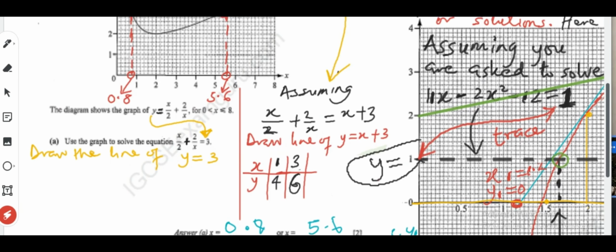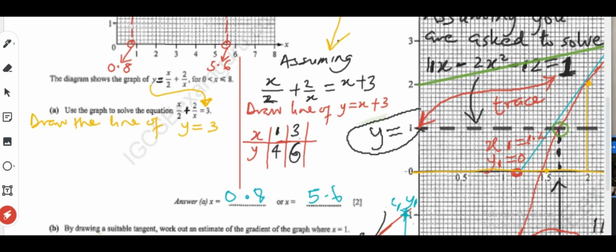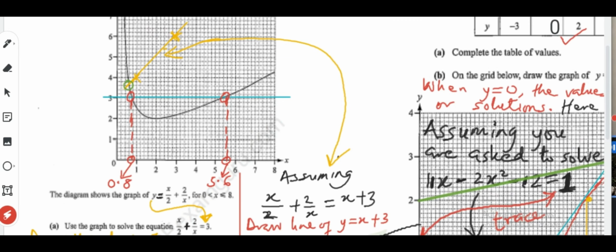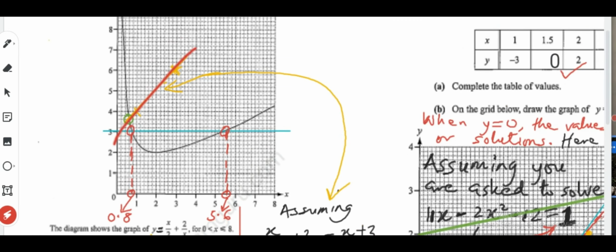All right. Let me just complete this one. When we plotted this graph, the yellow graph, it cut at this point. And if you trace this down, that's about 5.4, or almost 5.6 or 5.5 if you like.